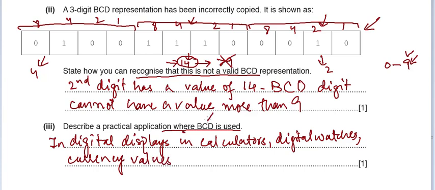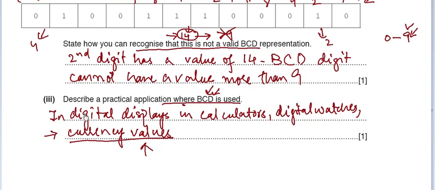Currency values are also represented using BCD, and I'm going to explain at the end of this video why we use BCD rather than real numbers or floating point representation for currency values. Why do we use BCD for currency values? I'm going to explain that later on in this video. So this should be written as, rather than writing currency values, we can say for representing currency values.